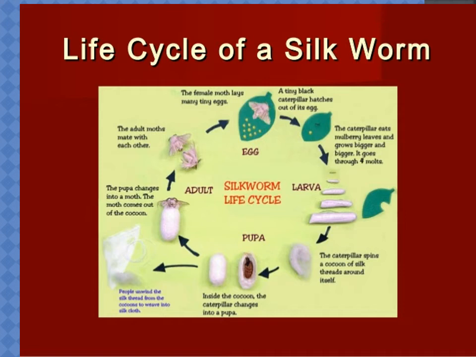Inside the pupa, the larva changes into the silk moth. After that it gives eggs, and the eggs change into larva. The larva grows into the cocoon, that is a pupa, and inside it changes into the silk moth.